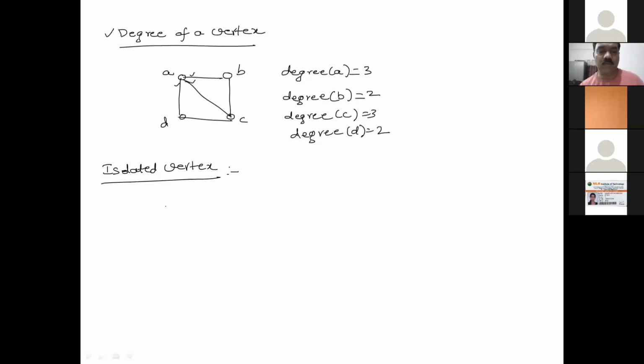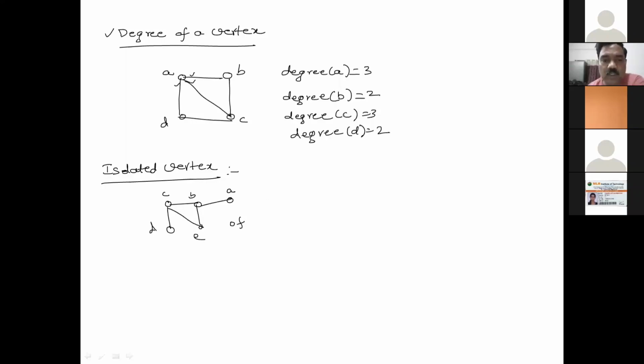For example, let me draw a graph for you. Let's say these are the vertices A, B, C, D, E. What is the degree of A? 1. So A is not connected to any other vertex. Then F is called an isolated vertex.